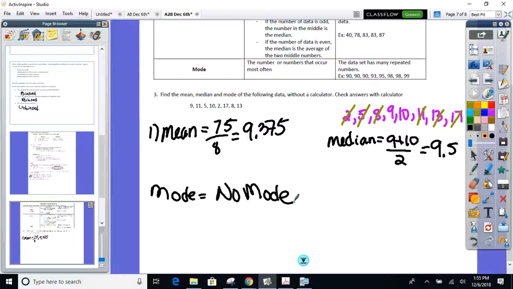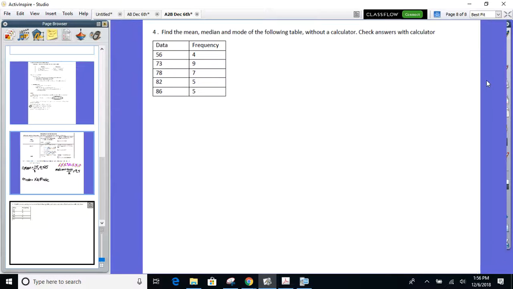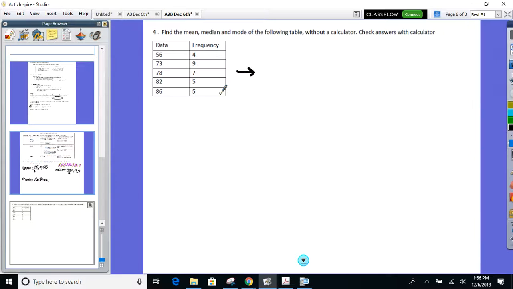All right. And finally, we're going to start working with what's called frequency tables. All right? And finding the mean, median, and mode from the table. Now, before we do it, I want you to know what this looks like if I wrote it out. And we are not doing this. Please do not write it out, and you'll see why. I have the number 56, but how many times does it occur? 4.